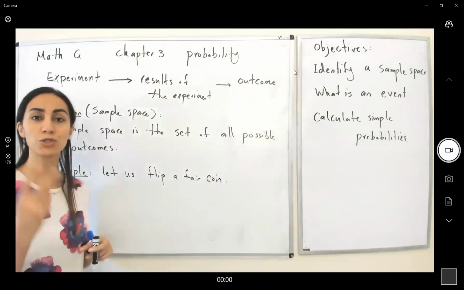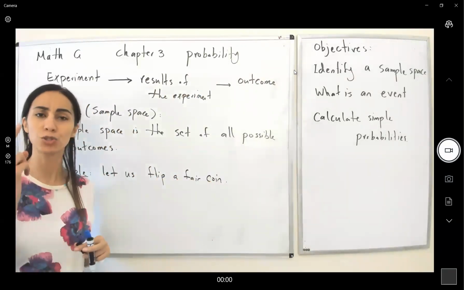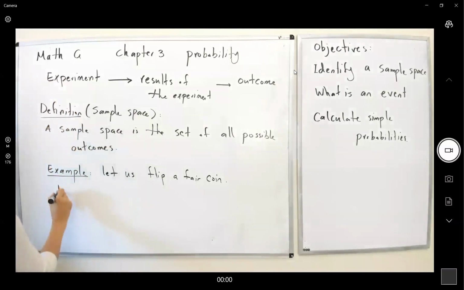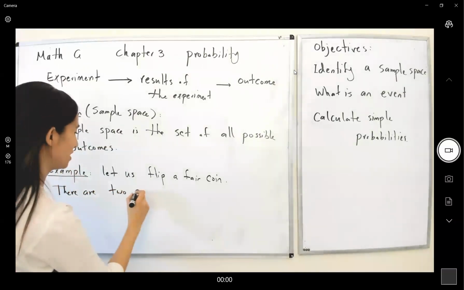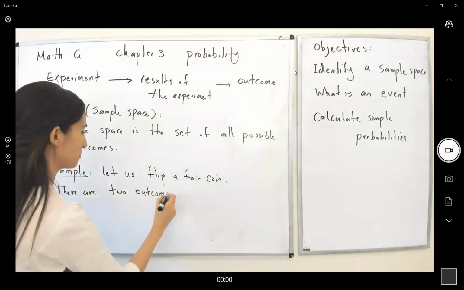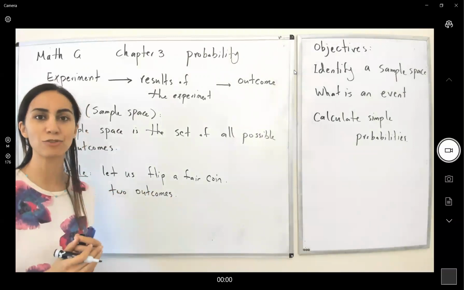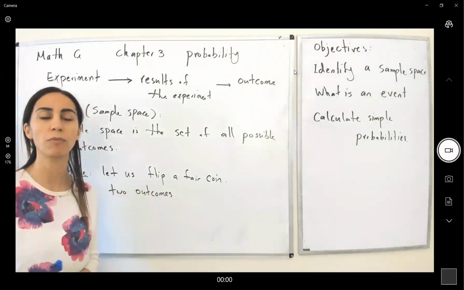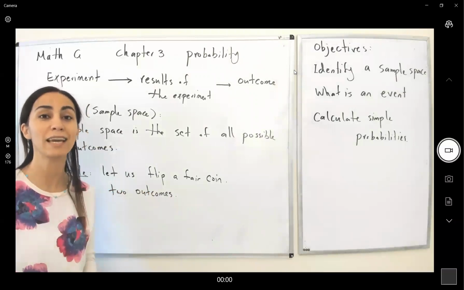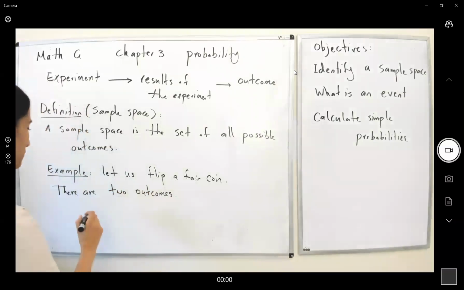You have two results, two outcomes. There are exactly two outcomes. The first outcome is having the head. The second outcome is getting the tail of the coin.